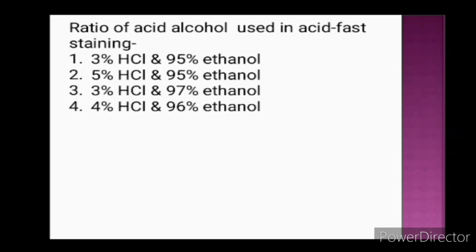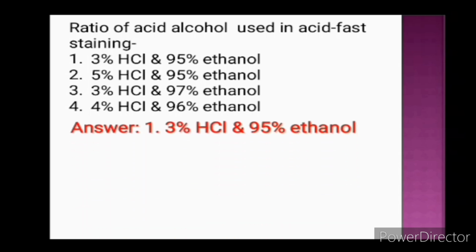Next question. The ratio of acid alcohol used in acid-fast staining is option 1, 3% HCl and 95% alcohol, option 2, 5% HCl and 95% ethanol, option 3, 3% HCl and 97% ethanol, option 4, 4% HCl and 96% ethanol.